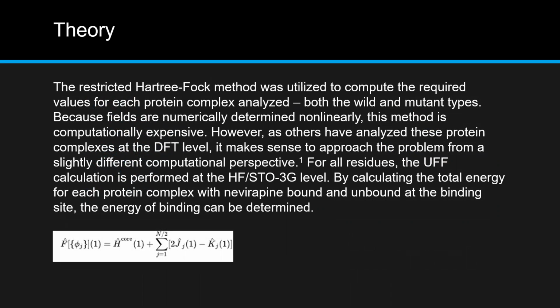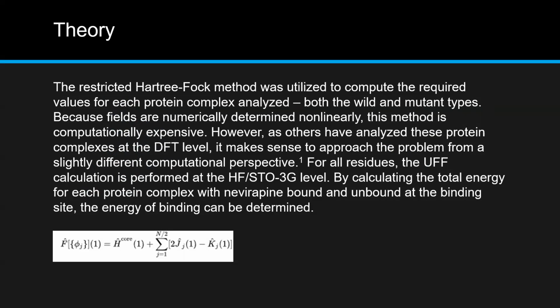And so in general, this is computationally expensive to perform such a calculation with a protein complex as large as reverse transcriptase. And to that effect, the minimal basis set STO-3G was utilized to perform sort of just a rough calculation of this interaction, and the universal force field was calculated for each atom.